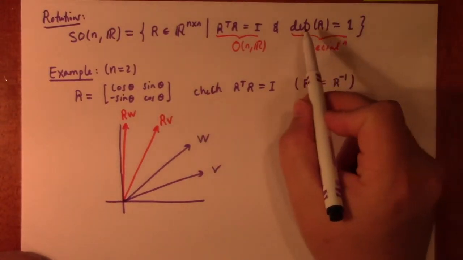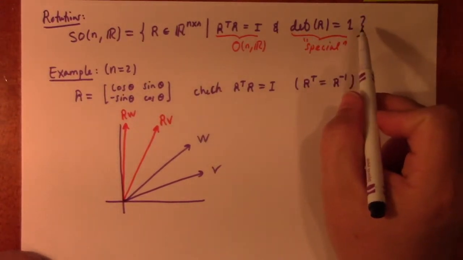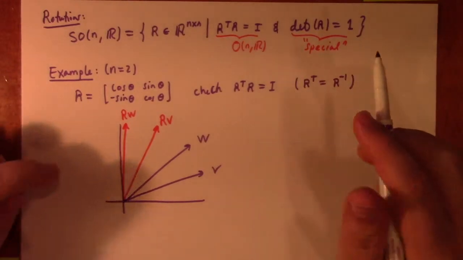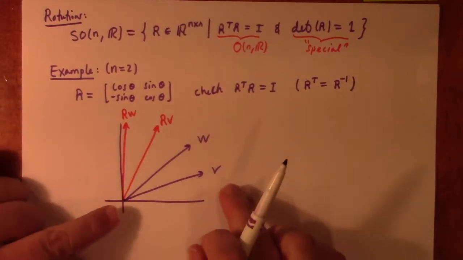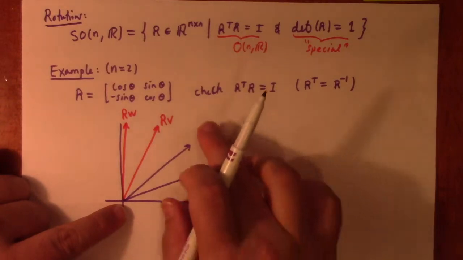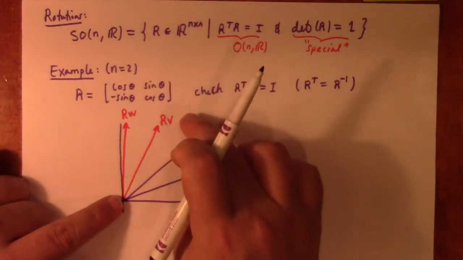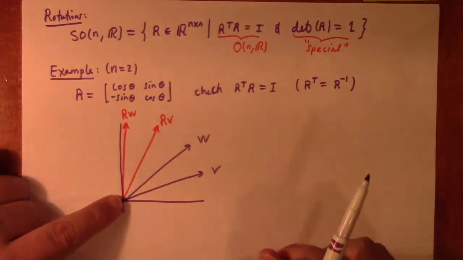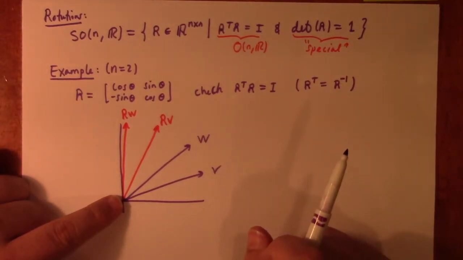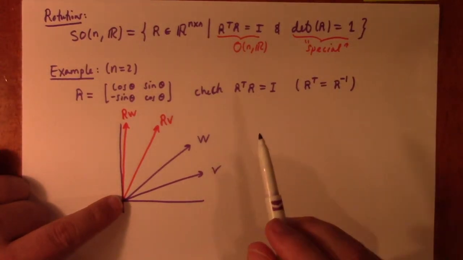The condition that the determinant is 1 keeps the fact that we go counterclockwise to get from v to w, just like we go counterclockwise to get from Rv to Rw. So the determinant 1 condition gives some sense of orientation.